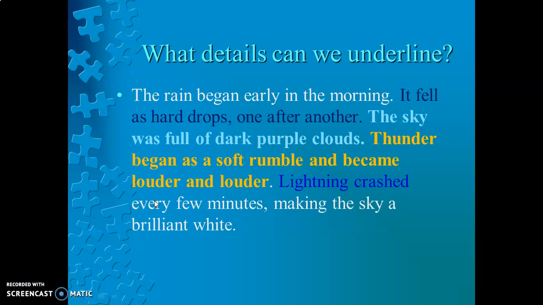Now think about how those details connect to each other. What do they have in common? If you're thinking about hard rain, dark skies, thunder rumbling, lightning crashing, what do those things have in common that the author might be trying to communicate to us?